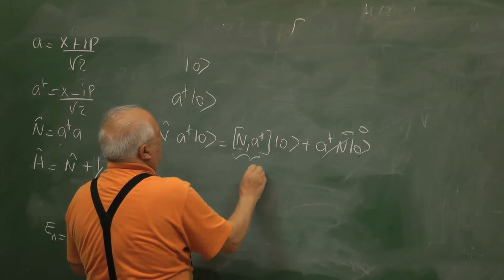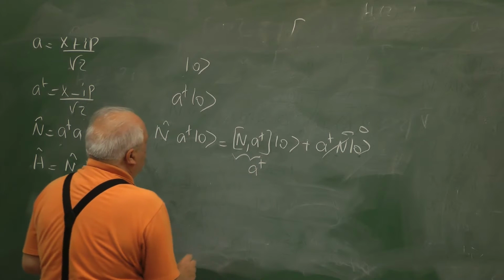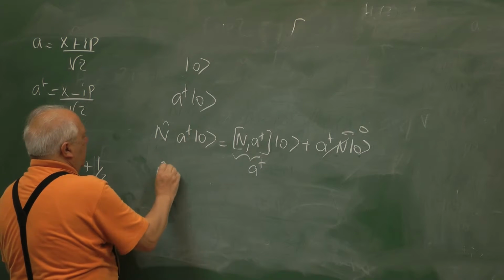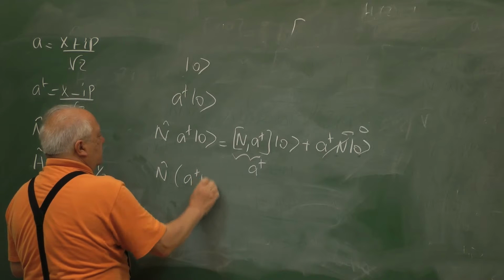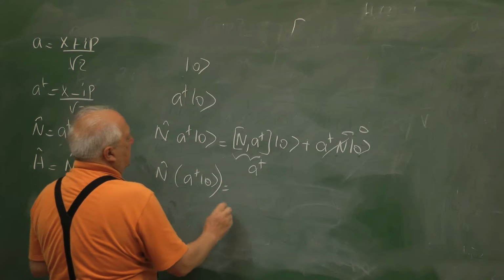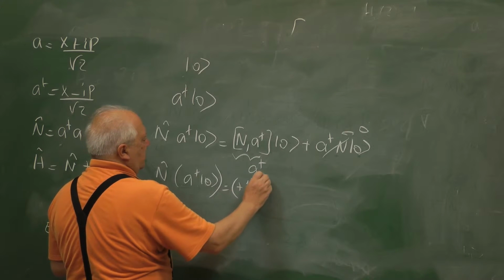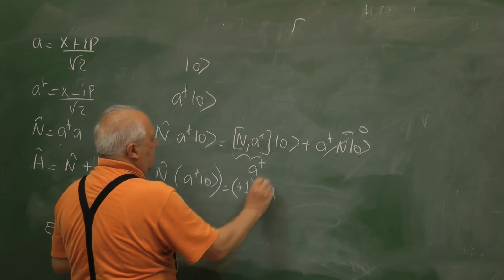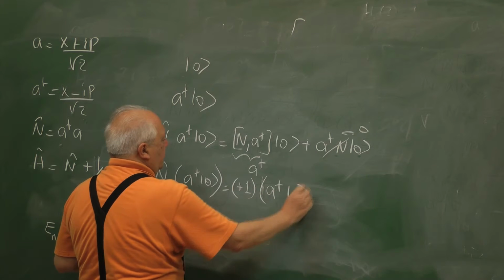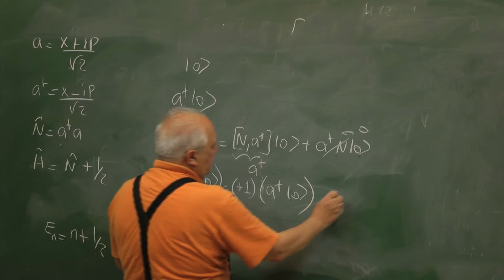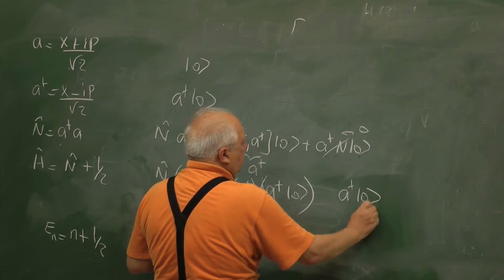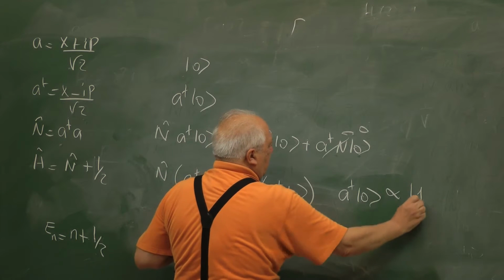So n a dagger 0 is equal to plus 1 times a dagger 0. So clearly a dagger 0 is proportional to 1.